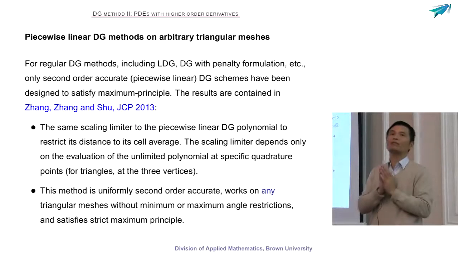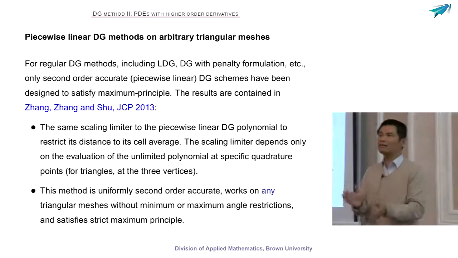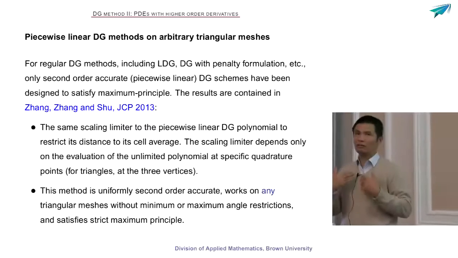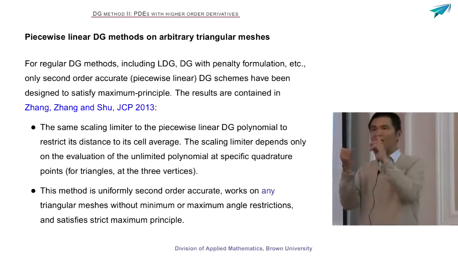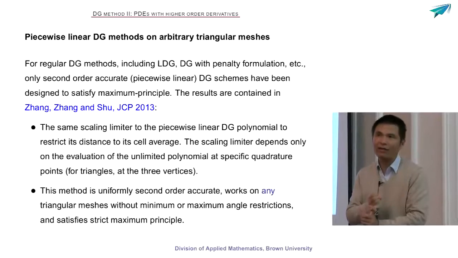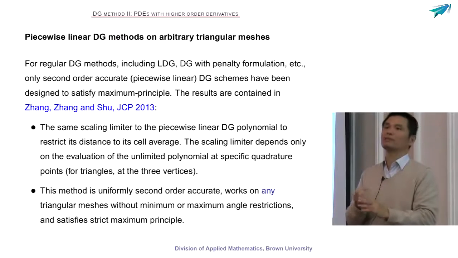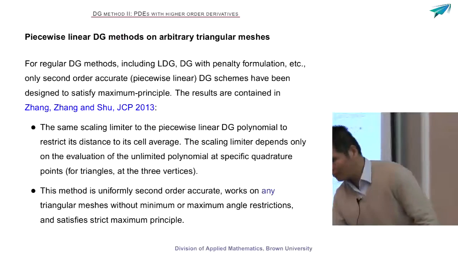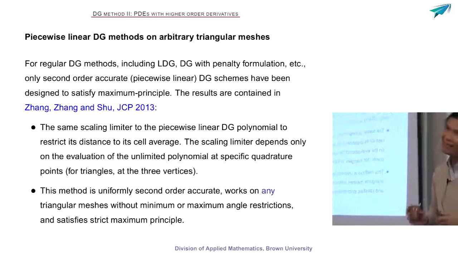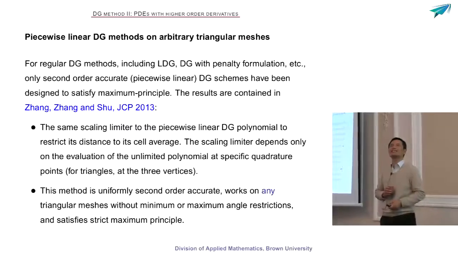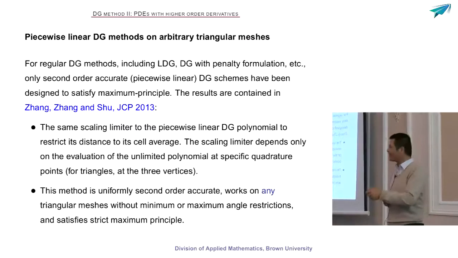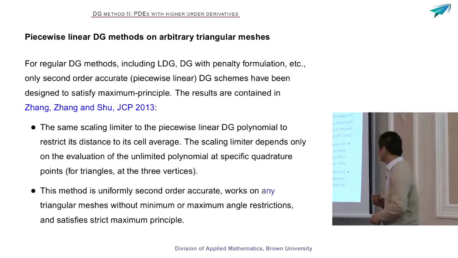So we can prove rigorously that if you do what I described before, then under certain CFL conditions, your scheme will be, A, uniformly second order accurate, and B, positivity preserving or maximum principle preserving. This will be a very nice thing to get, but unfortunately, we know how to do it only for second order accuracy.